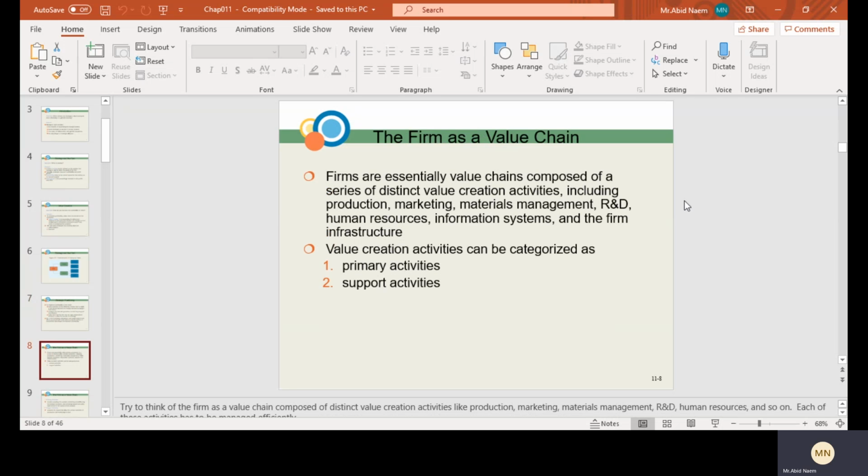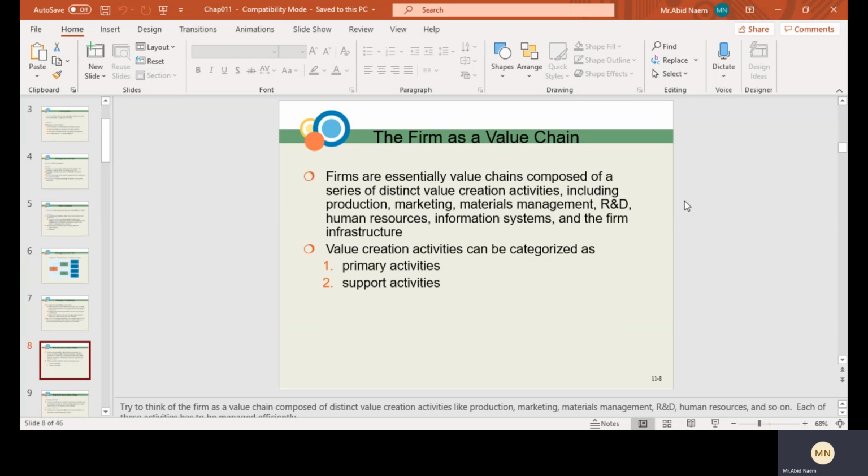The firm itself as a value chain. Firms are essentially value chains composed of a series of distinctive value creation activities, which should include but not be limited to production of the products, marketing of those products, material management, raw materials, supplies, equipment, machinery, and most importantly, research and development work, followed by human resources, information systems, and the firm infrastructure as a whole.